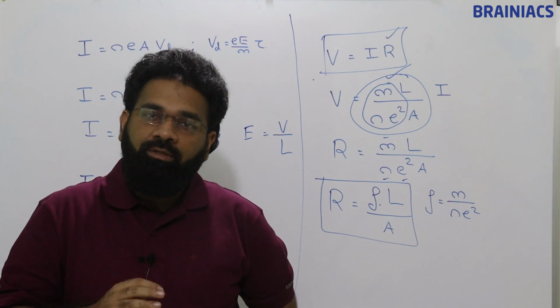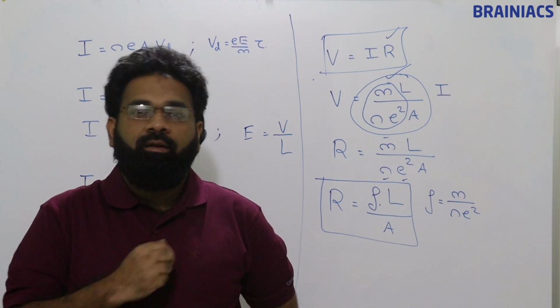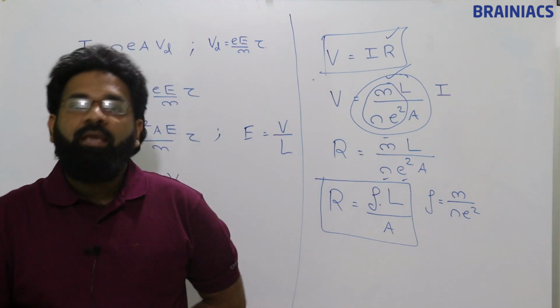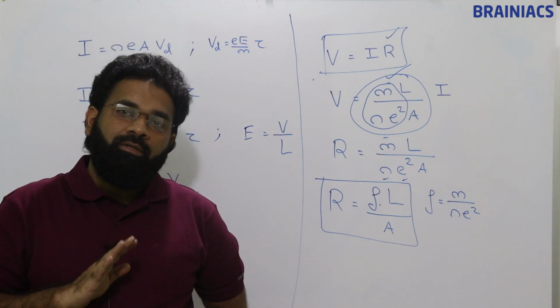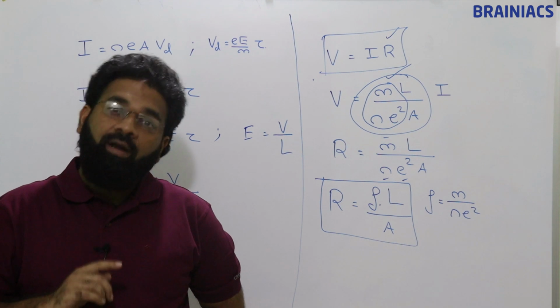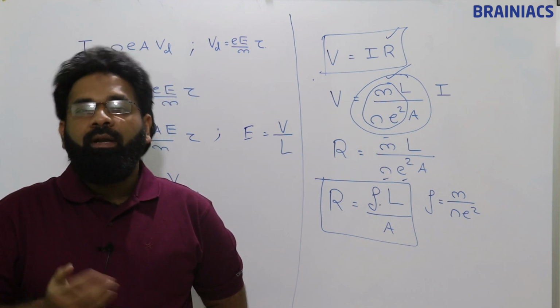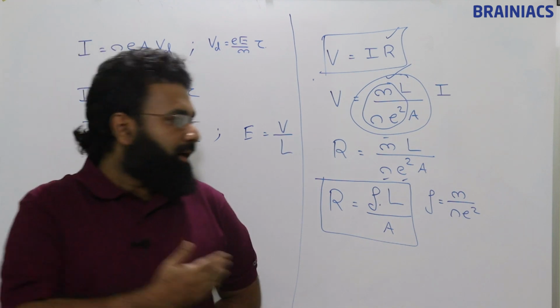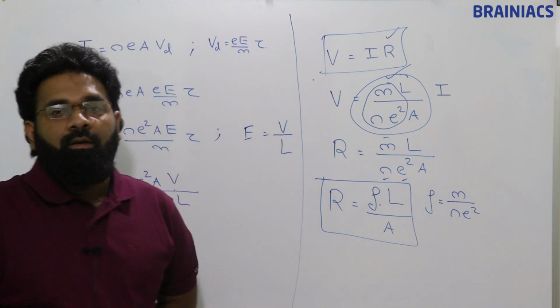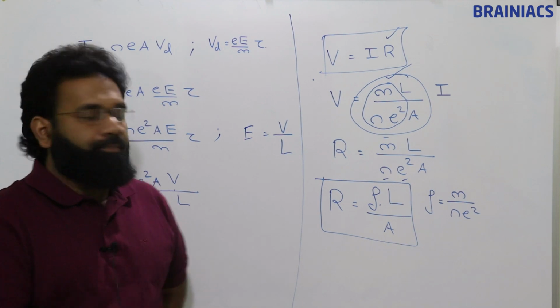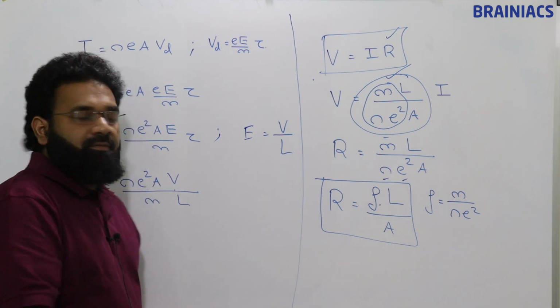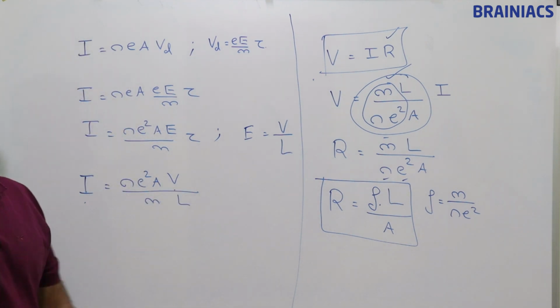If the conductivity is more, that material will provide less resistivity. So conductivity and resistivity are just opposites. This is Ohm's law.